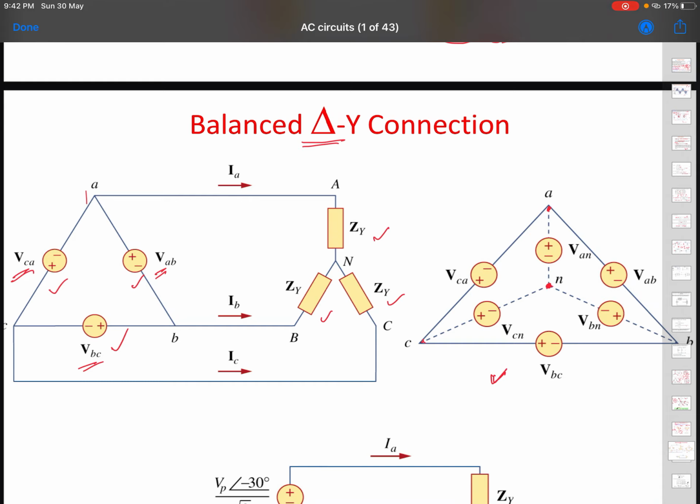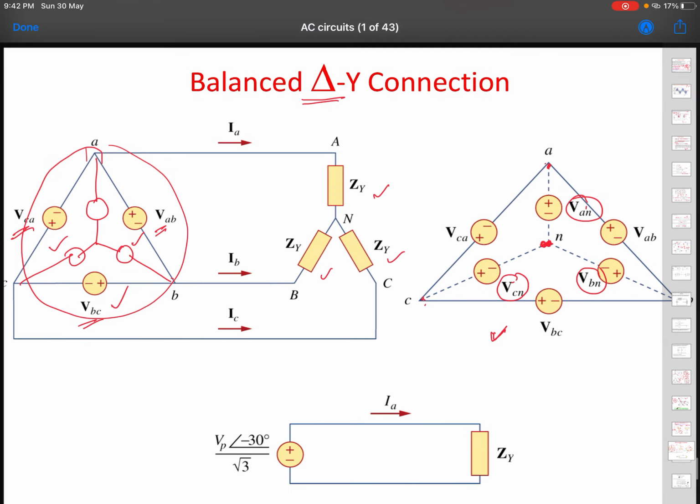And what was the equivalent sources, if you remember? These are basically line voltages of a star system. The equivalent star system could be of this way, and this comes out to be root 3 times.